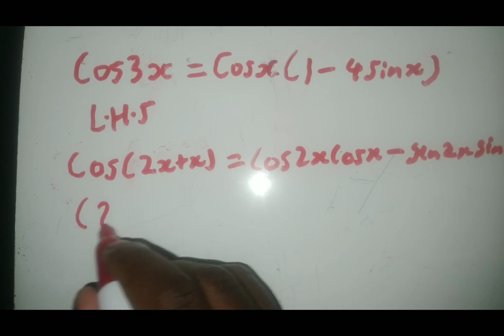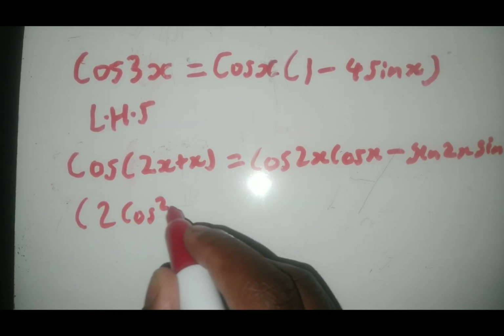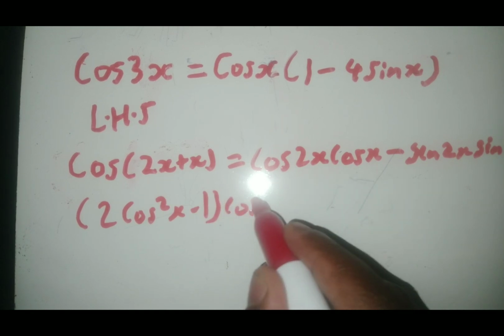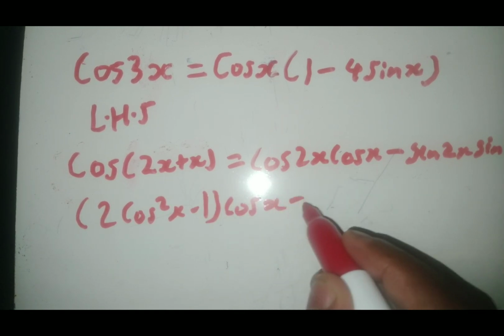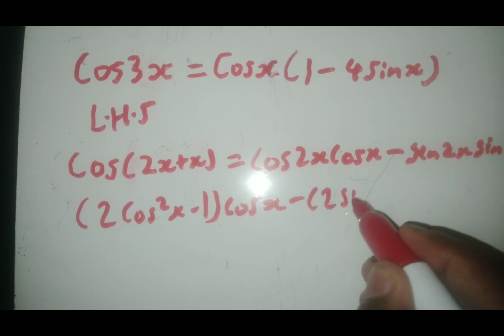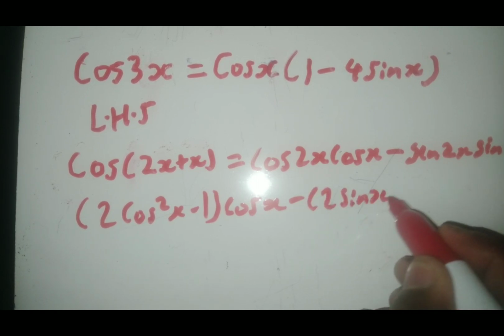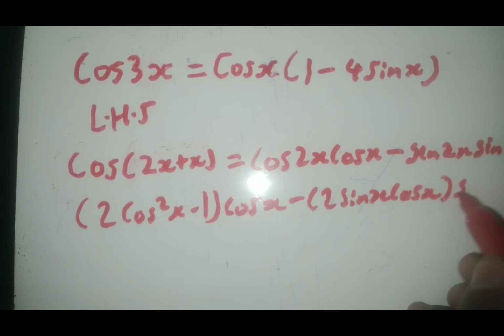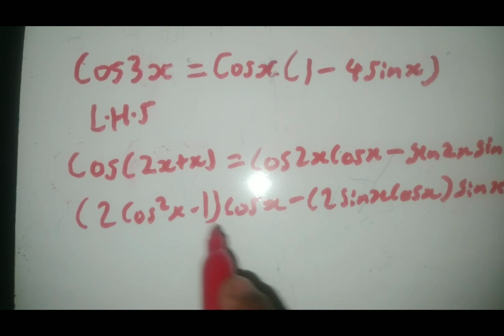So we choose 2 cos squared x minus 1 due to the fact that it was cos that was next to it. And then from this side, sine has only one of them, which is 2 sine x cos x. And then we've got sine x. All right, then from here we're gonna distribute.